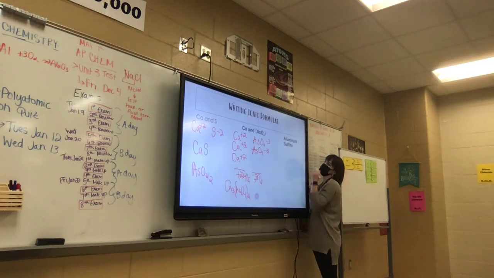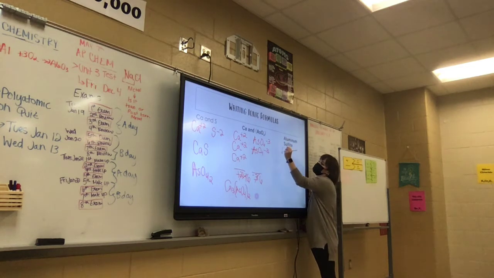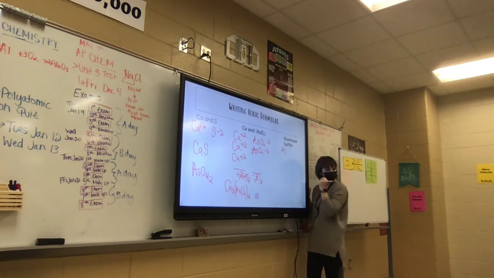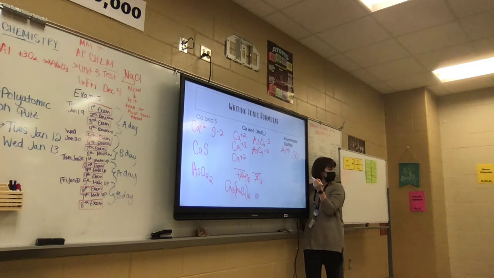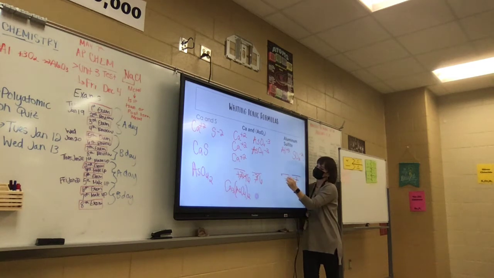Now the next one, I have aluminum sulfite. So that means I have aluminum, which is a what charge? +3. Now sulfite is going to be SO3 what? SO3 -2. Okay. So we got a -2 here and a +3 here.